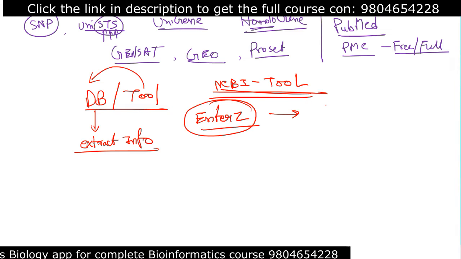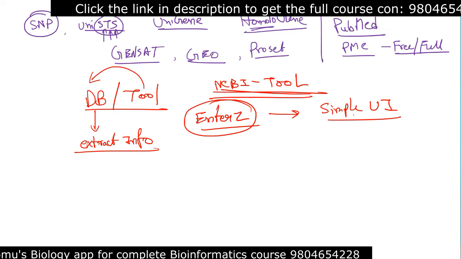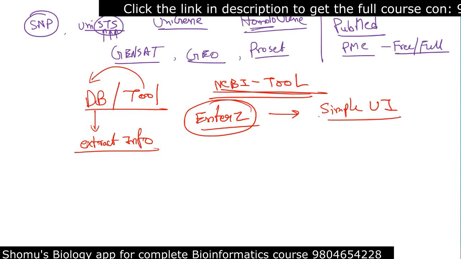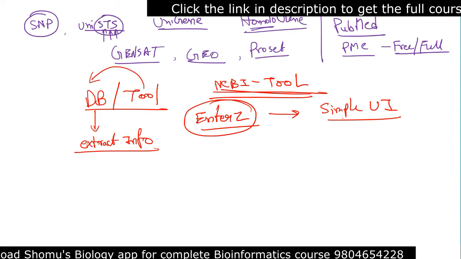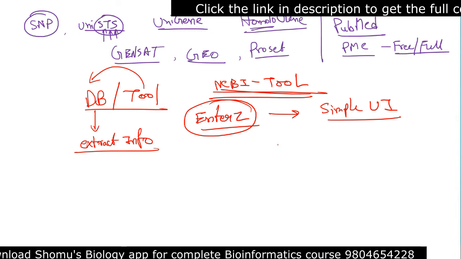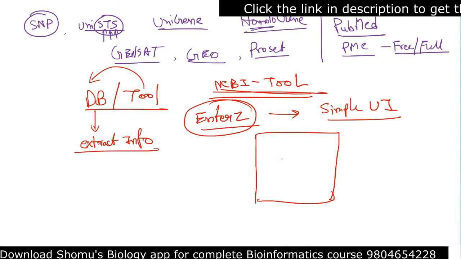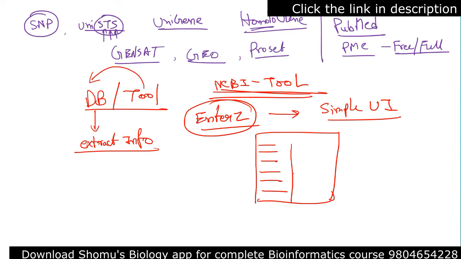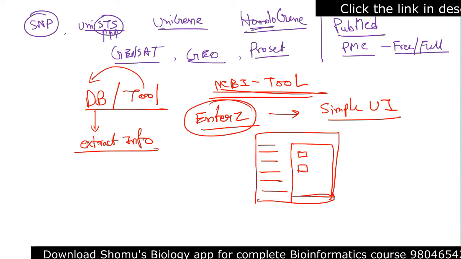which has a very simple user interface with which all the components of the different databases of NCBI are fed, so that we can access that information. So this is NCBI, and let's say these are all databases, and this is the user interface where we have buttons and keys.